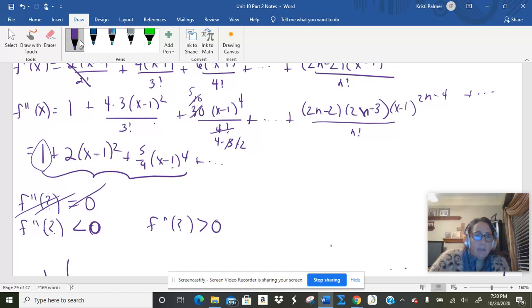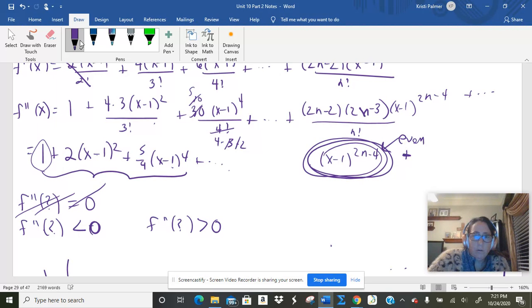Well, anything I plug into these, if you look, I'm going to have this x minus 1 to the 2n minus 4. No matter what I plug in, this is always going to be an even power, so I'm always going to get a positive. So I can't ever be negative.